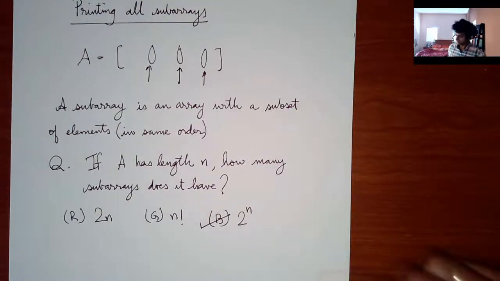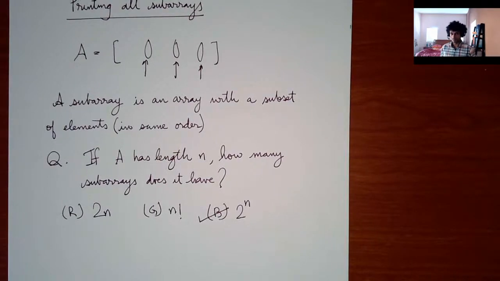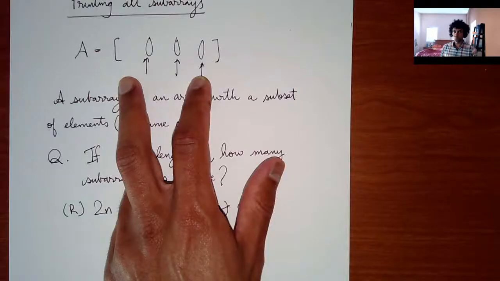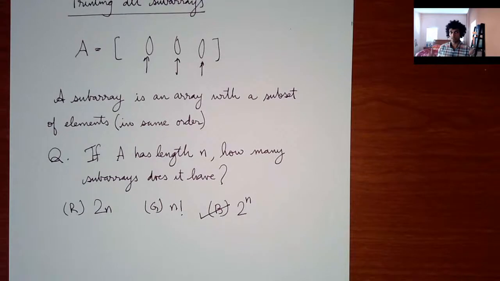So it's a subset of the elements in the same order. Is this clear? It's 2 to the n. Permutations means take all the elements and put them in all possible orders. This is saying take a subset but keep them in the same order.